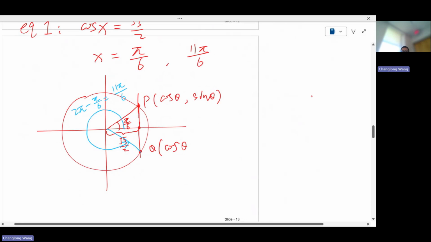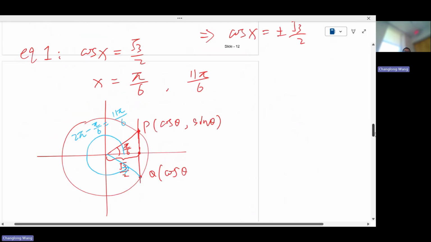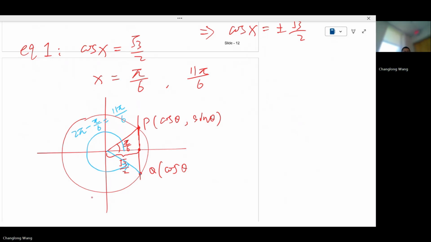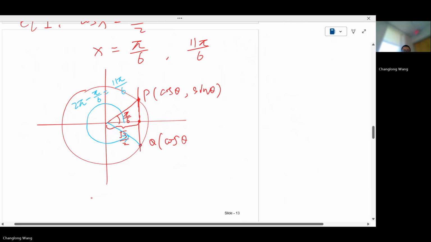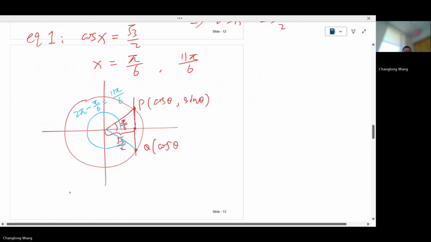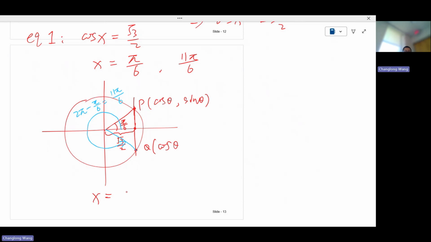Now, how would you write the solution in terms of, yeah, go ahead, Max. 2 pi n minus pi over 6.